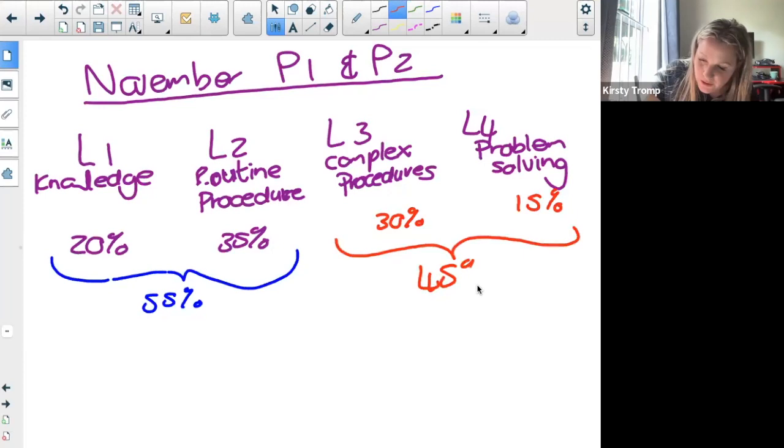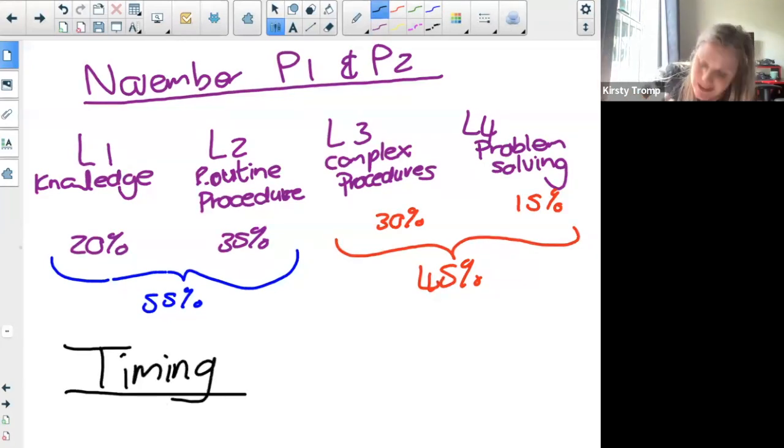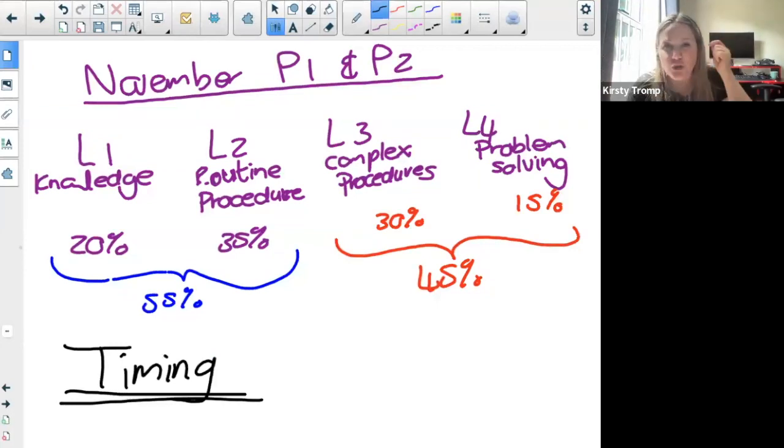So why am I telling you all of this? Because what is going to be your friend in your maths exam, especially in grade 11, at the end of your exam paper, is timing. Guys, timing. You need to make sure that you are sticking to time allocations.